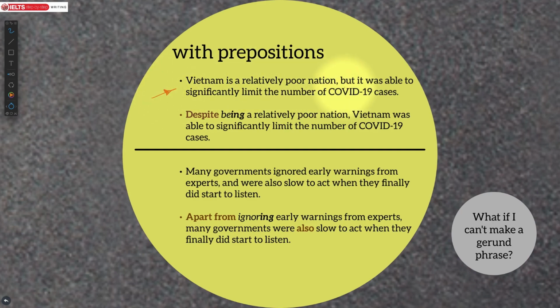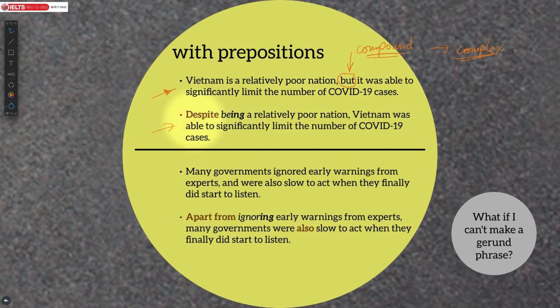Vietnam is a relatively poor nation, but it was able to significantly limit the number of COVID-19 cases. Now this is a compound sentence. Compound sentences are fine, there's no problem with them, but they really don't show off your level of English. You need to make complex sentences. And what you do is use this.